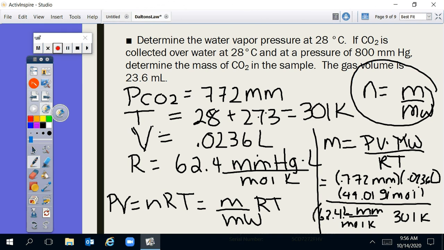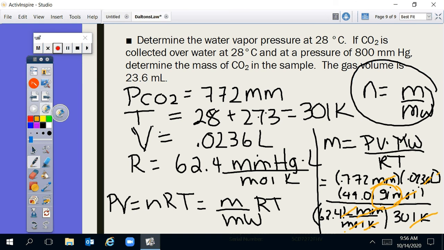Now let's watch the units cancel out. Millimeters is going to cancel out with millimeters. Liters is going to cancel out with liters. Moles cancels out with moles. Kelvin cancels out with Kelvin, and we're left with grams.